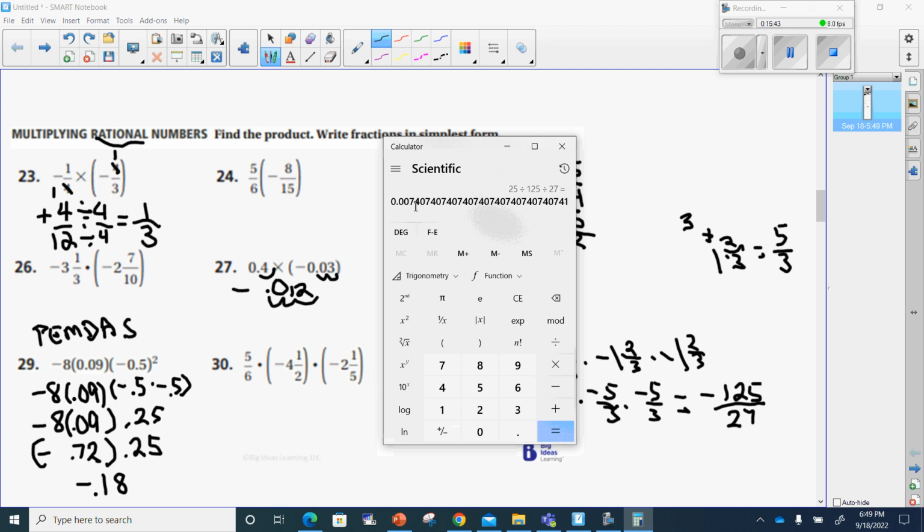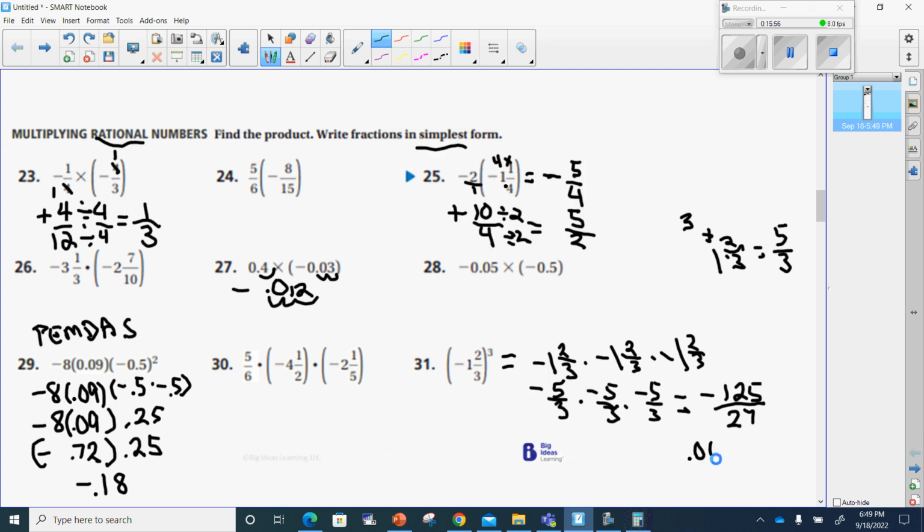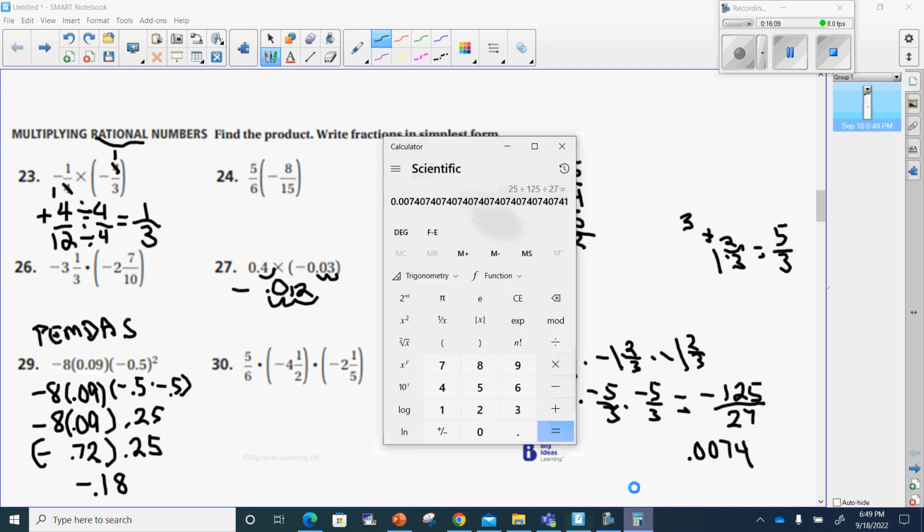That's going to be equal to 0.0074, repeating. Wow. So as a decimal, this is a repeating number. I'm going to double check this just because I'm having a hard time feeling this is the right answer. I don't think it's correct.